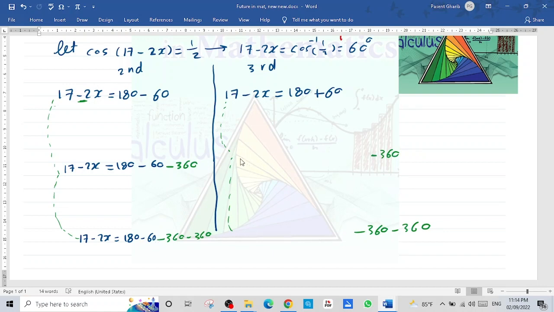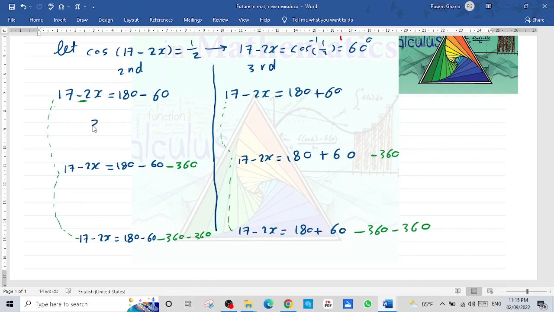And here also, 17 − 2x = 180 + 60 − 360, and 17 − 2x = 180 + 60 − 360 − 360. In each case, we find the value of x.